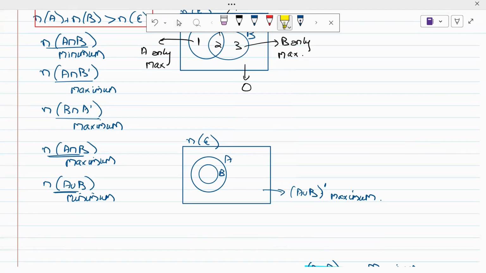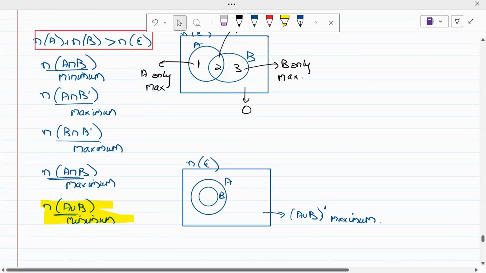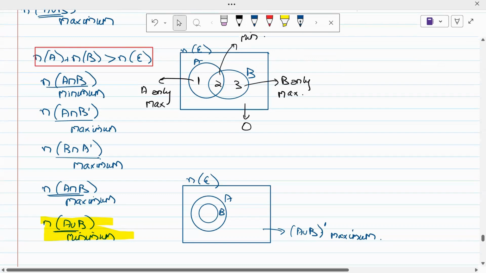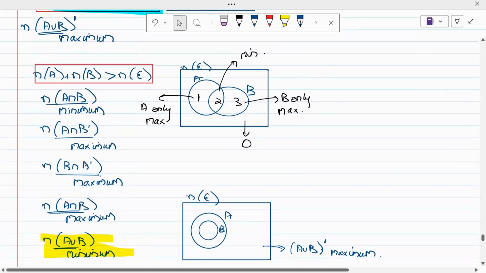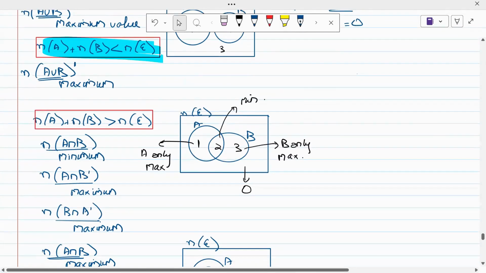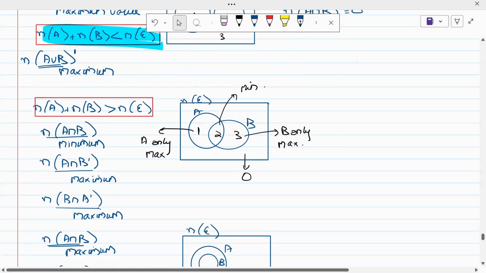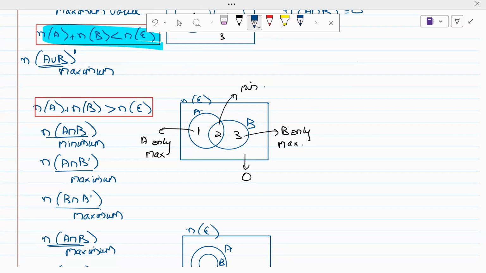Sorry, union is always minimum when we have the case of subset. Remember, for subset, union is always minimum. And union to be maximum, it would always be the case of a small intersection. I didn't write down the notes here. So for this second case, n of A union B would be at maximum.